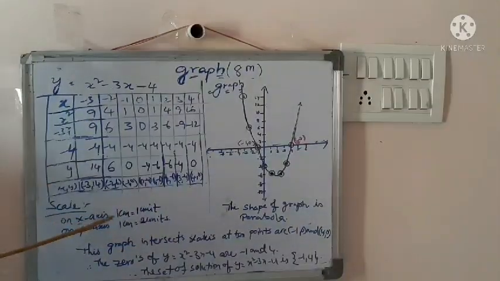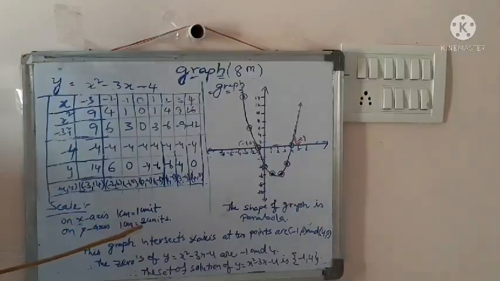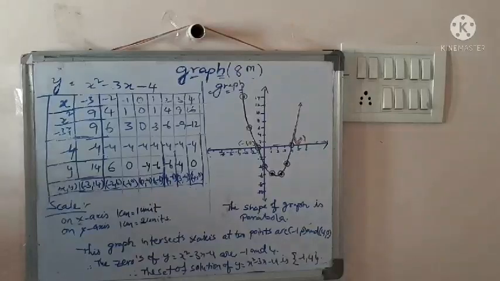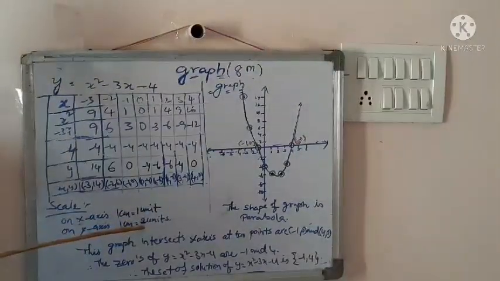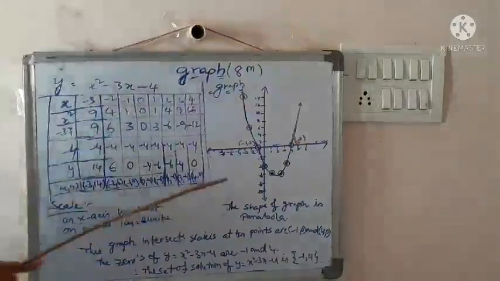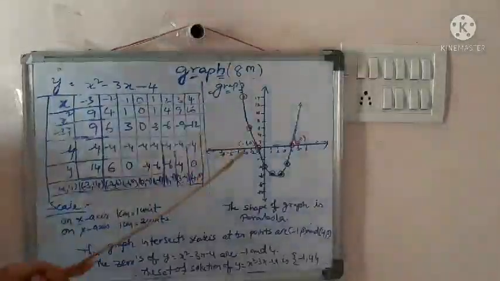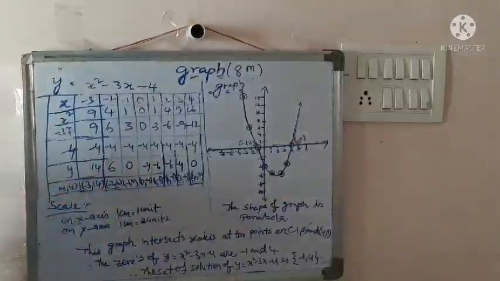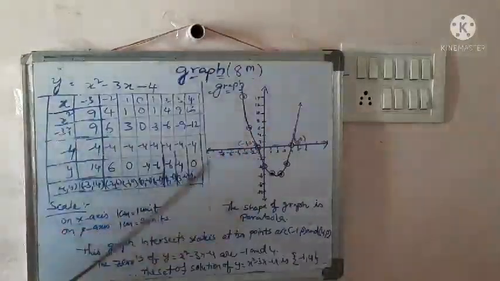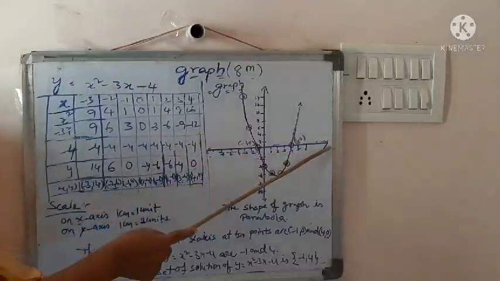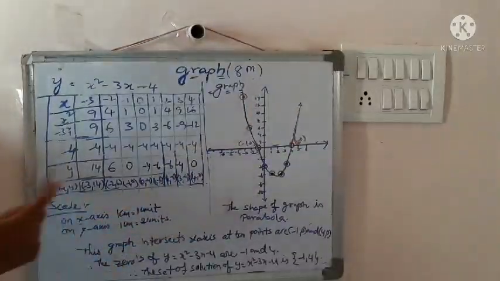On the x-axis, 1 centimeter equals 1 unit. On the y-axis, 1 centimeter equals 2 units. Next, going to the graph. So first, this line is called the x-axis and this line is called the y-axis.